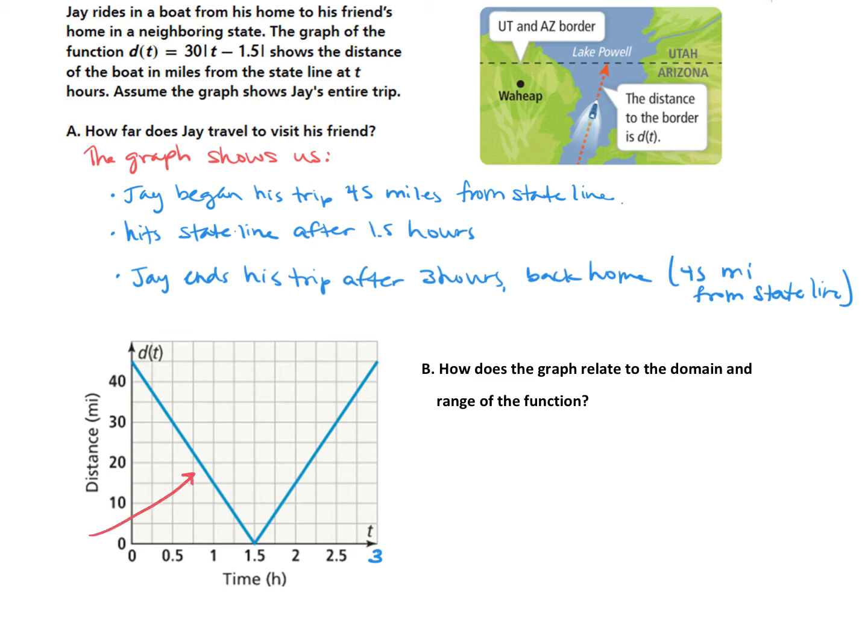So over here, that's where your function is decreasing. After we hit the 1.5 hours, as time goes on, we read graphs from left to right. We're decreasing, decreasing, decreasing, and now we're increasing. The function is increasing.